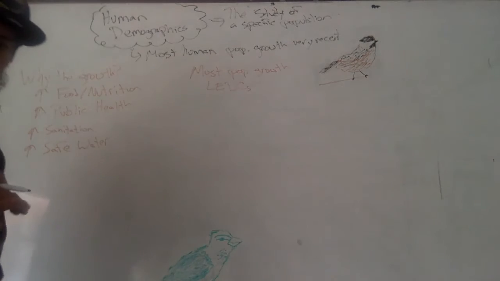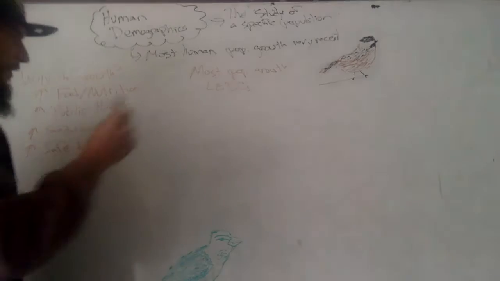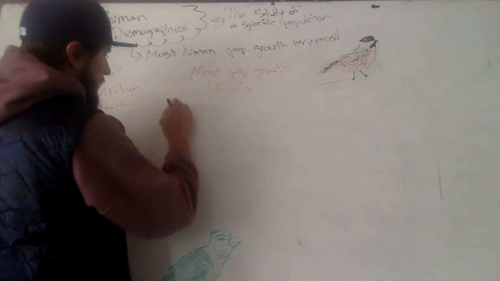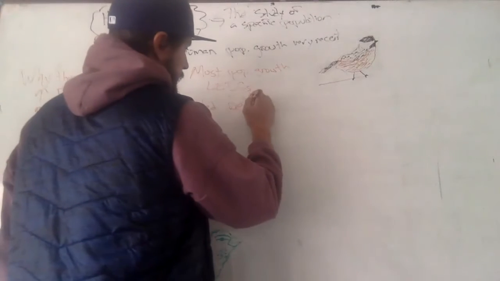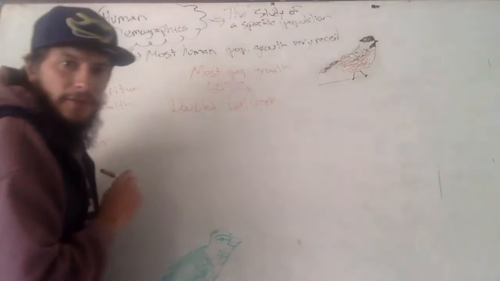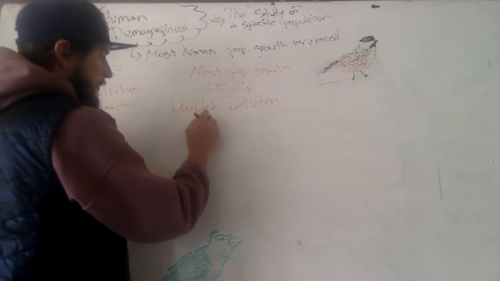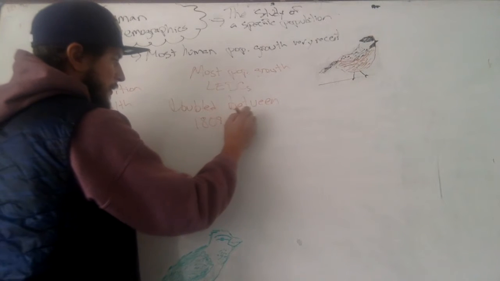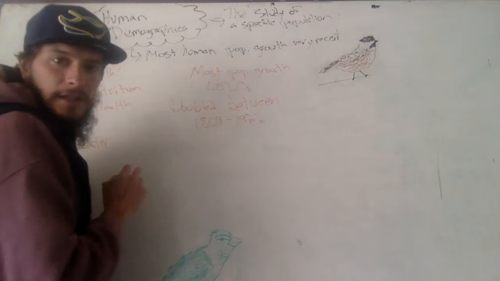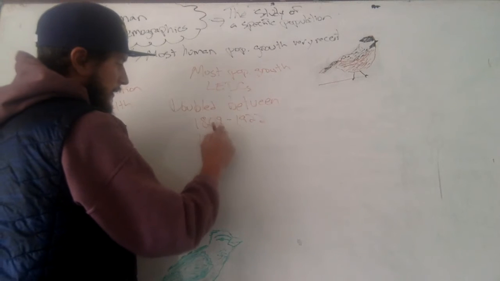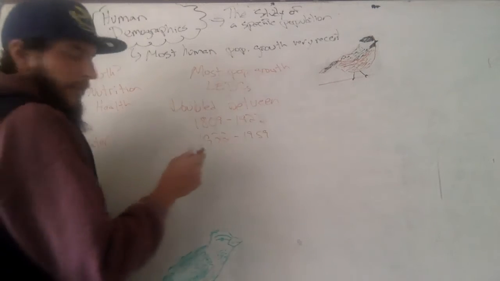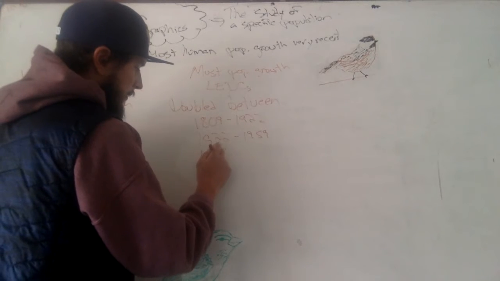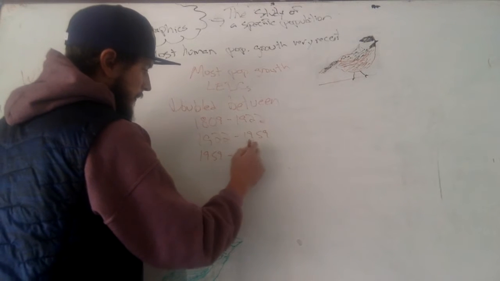So human population has doubled within these periods: from 1809 to 1922, from 1922 to 1959, and finally from 1959 to 1974.